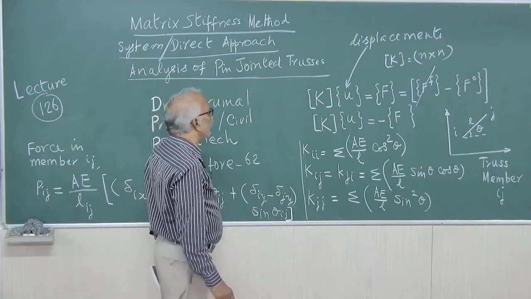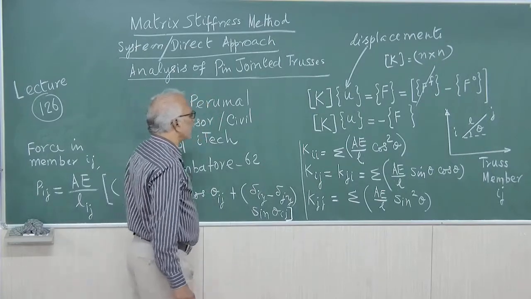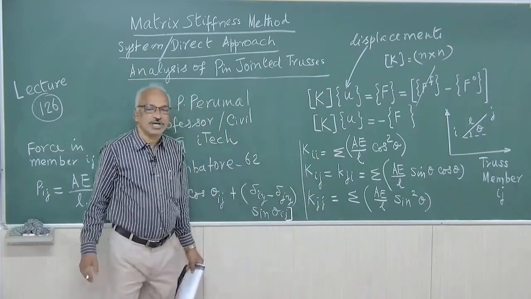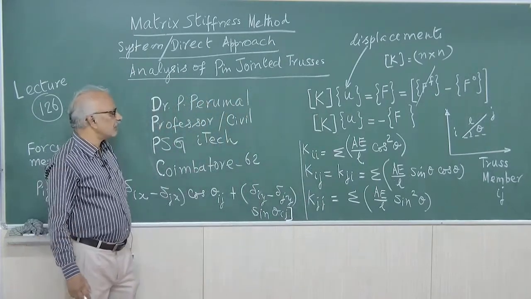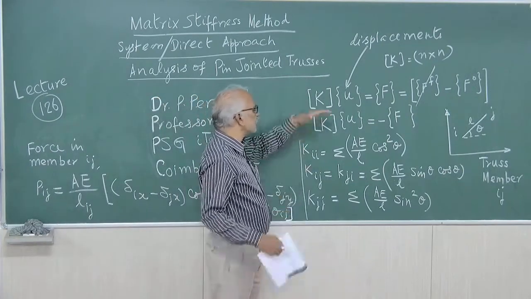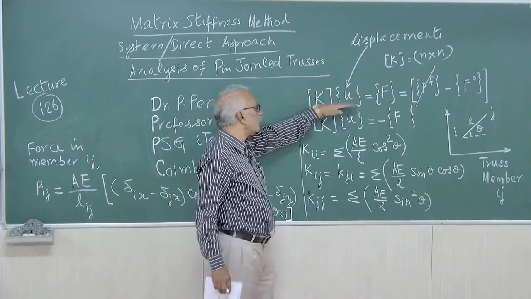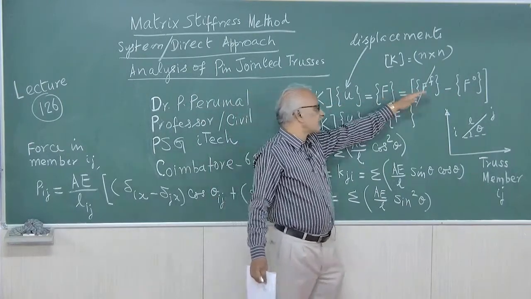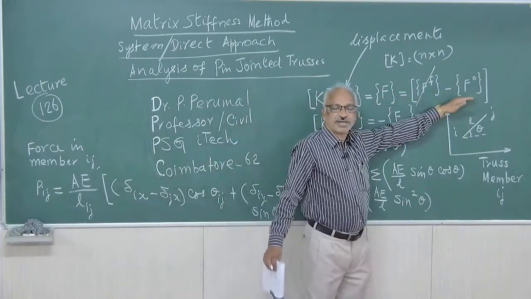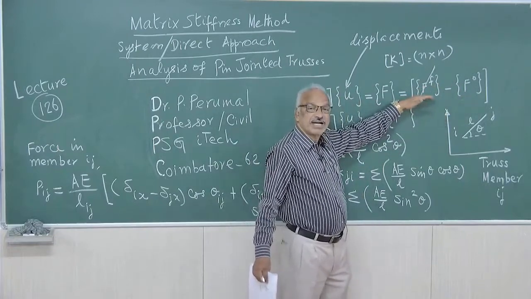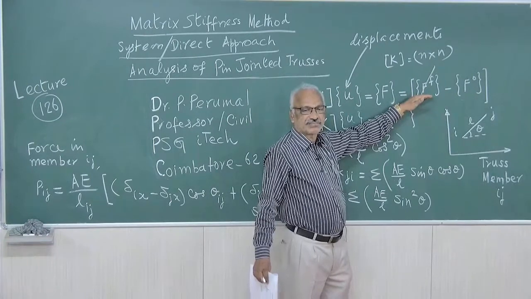Now, the basic equilibrium equation that is involved is K into U equal to F. This is the equation we have followed throughout. F consists of F_f and F naught. F_f stands for the forces applied at the system coordinates.